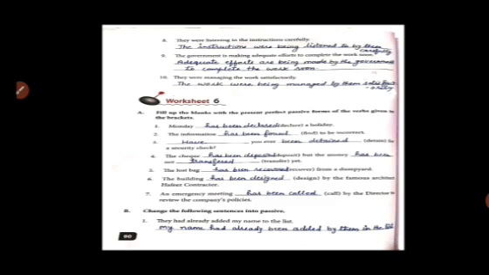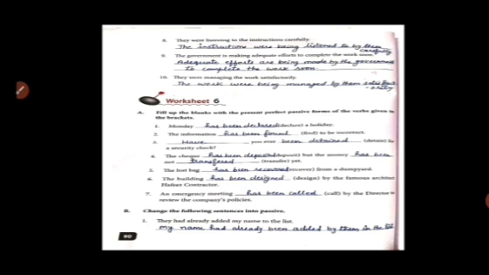An emergency meeting has been called by the director to revise the company's policies. You can see we use has been V3 for the singular and have been V3 for the plural, and the subject is converted into object and object into subject.